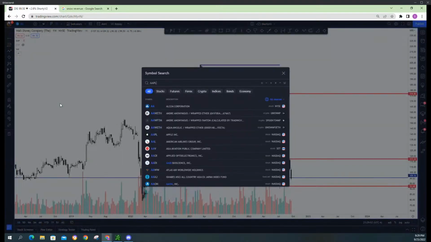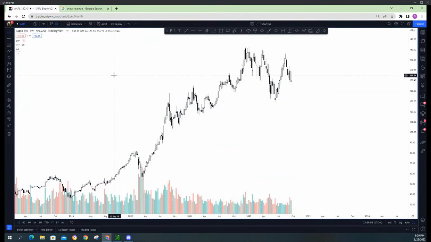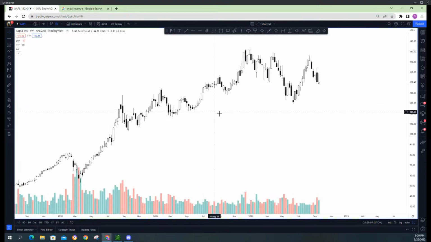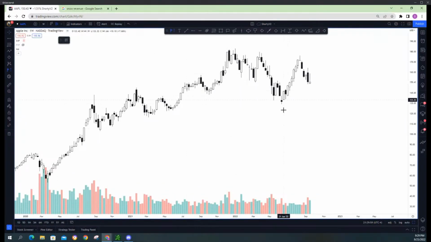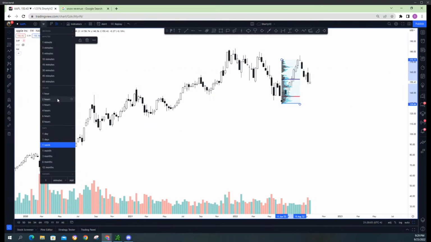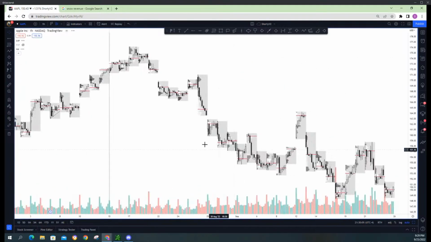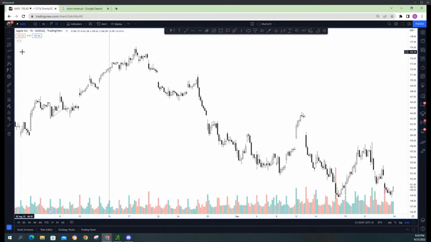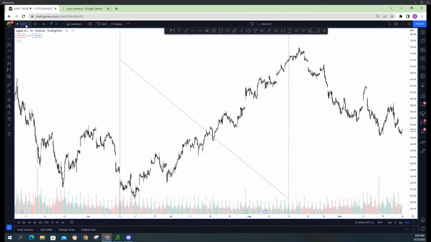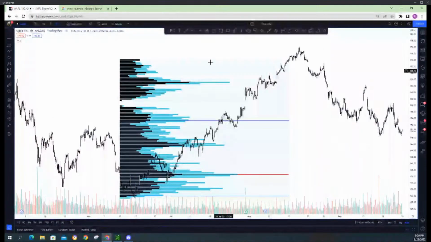Apple. Cool. Pretty candle. Apple broke this level here on the value area high.